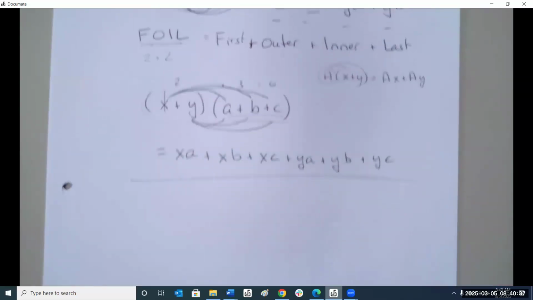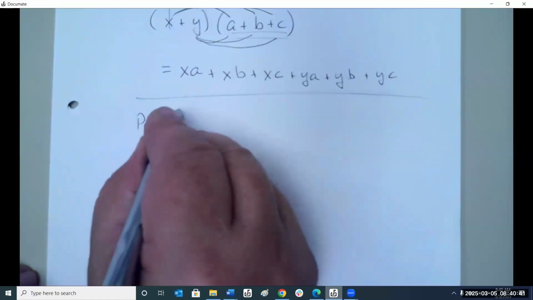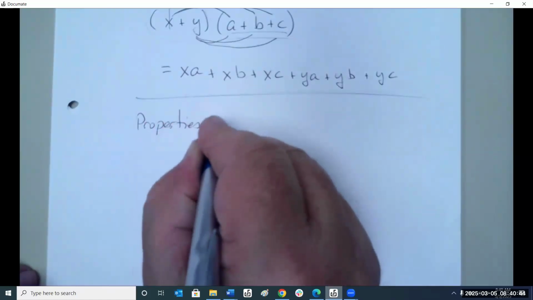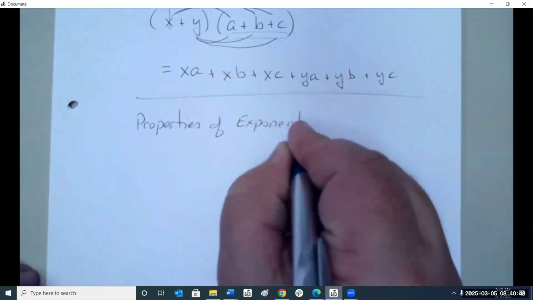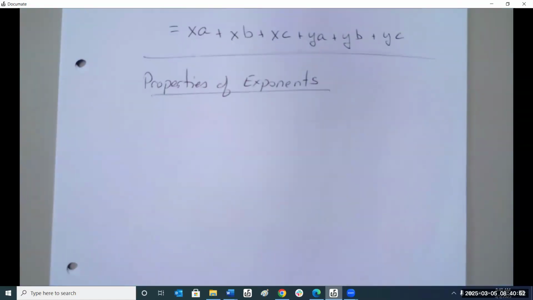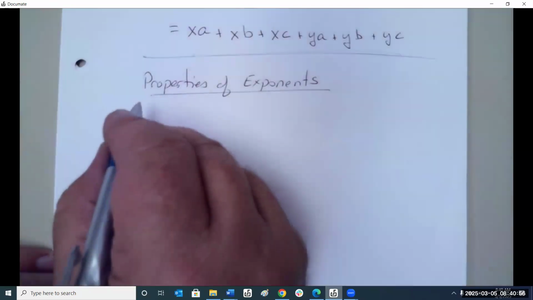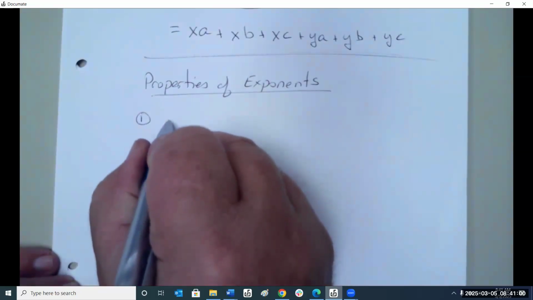So there you have the rule. Now let's look at the properties of exponents. The first property.